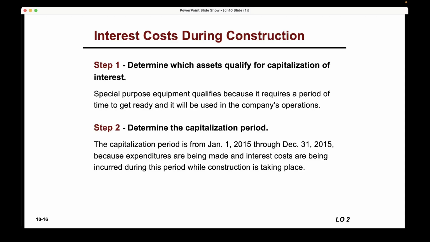The next step is to identify the capitalization period, and from our example, the capitalization period begins on January 1st, 2015 and ends on 31st December 2015.